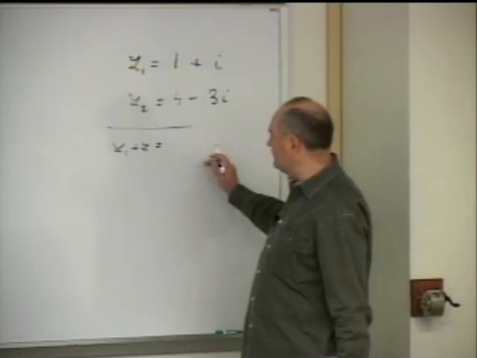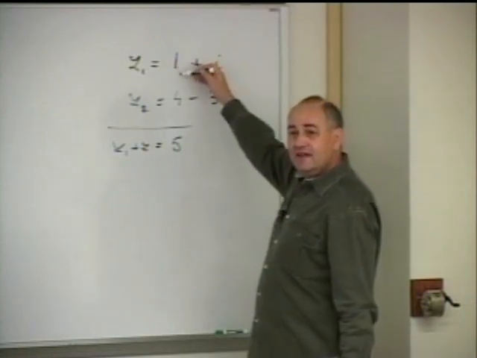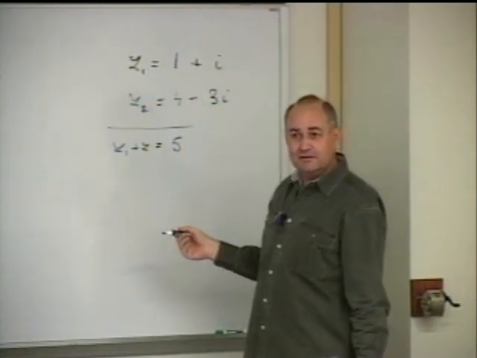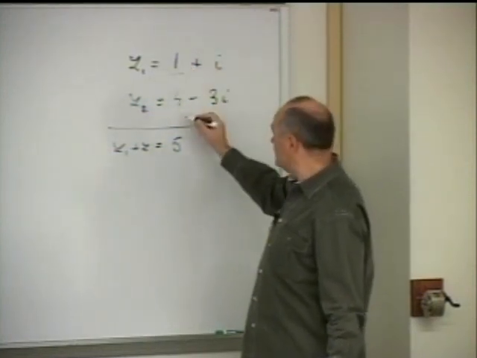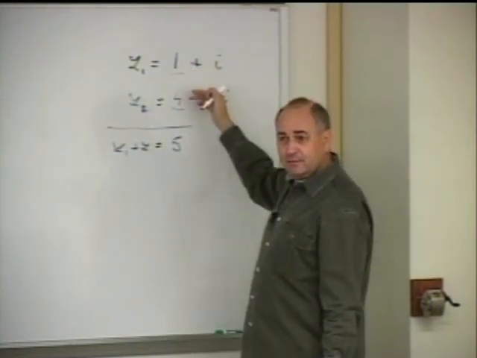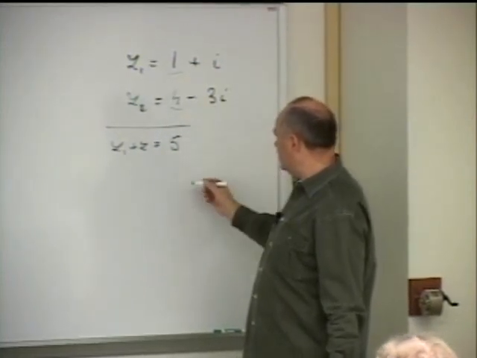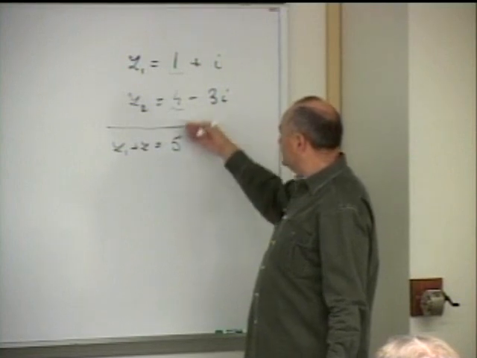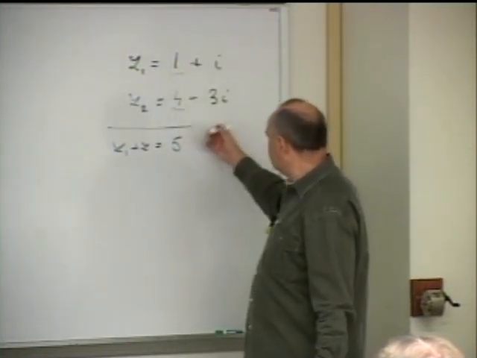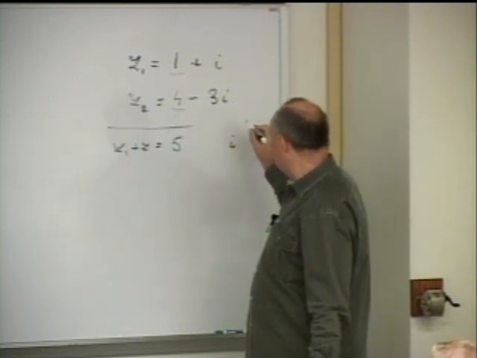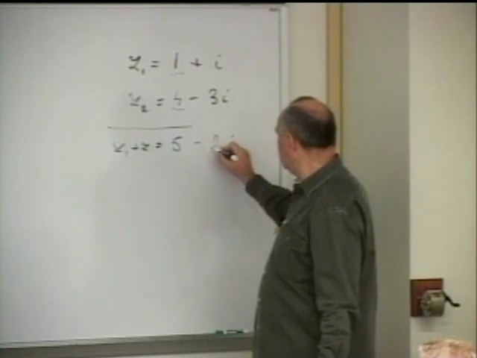Shout. 5, correct. How did you get it? We added 1 and 4. Why 1 and 4? Because this 1 is the real part of the first complex number. This 4 is the real part of the second complex number. All right, so we are adding real parts here. Now, what will stand next to i? Minus 2. How did we get that?